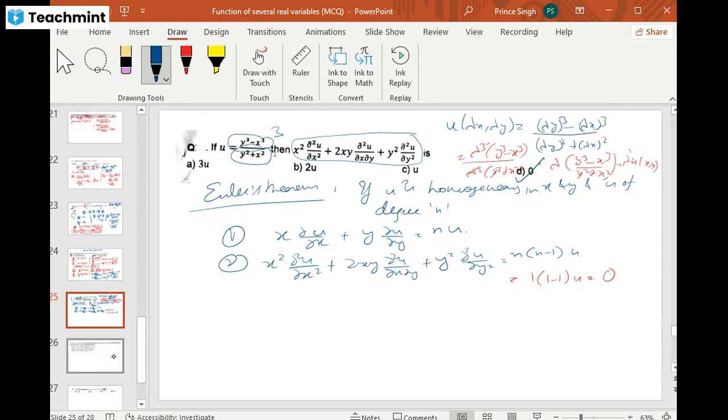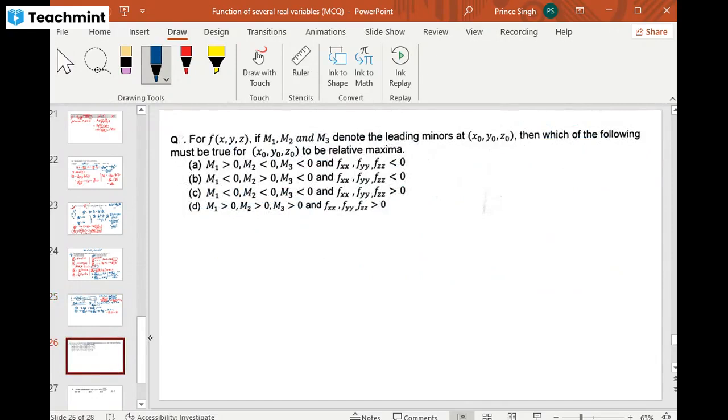Okay, come to the next question. For the function xyz, if m1, m2, m3 denote the leading minors, which of the following must be true for a relative maxima? For maxima in the case of three variables, the condition is of course that the first order derivatives should be equal to 0 at that point, right?